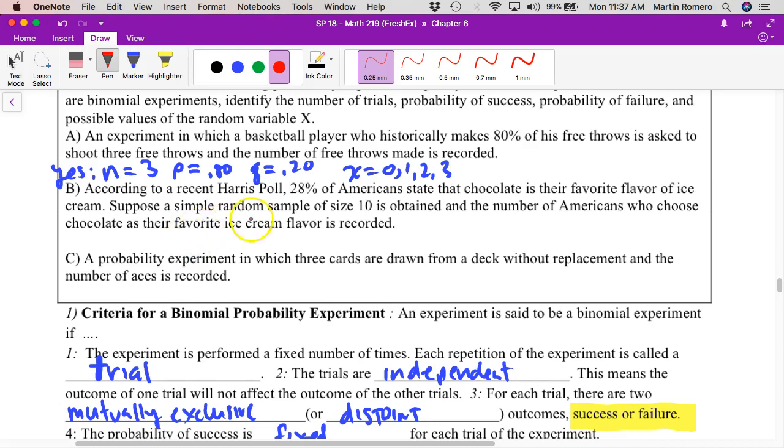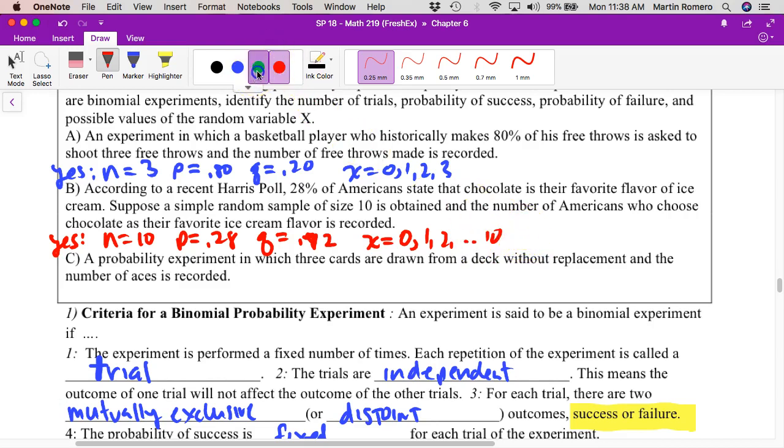And the probability of success is 28%. So in this case, yes, this is a binomial probability experiment. N is 10. The probability that they like chocolate is 0.28. The probability of failure, that they do not like chocolate, is 0.72. And the possible outcomes are from 0, 1, all the way up to 10 people who may say they like chocolate as their favorite ice cream.